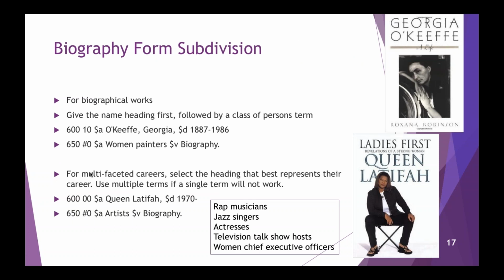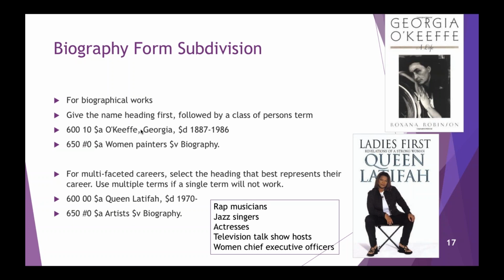Then we have the biography form free-floating subdivision, and it's used on biographical works. So when you use it, you give that name of the person first, and then you follow it with that class of person term. So Georgia O'Keeffe was a painter, right? So painter is a class of person. Painter is like an occupation, is an example here.